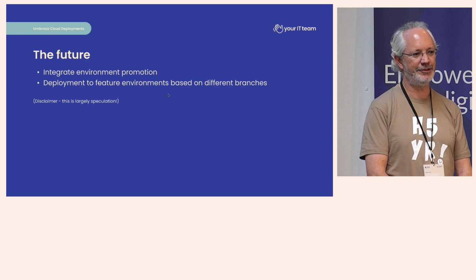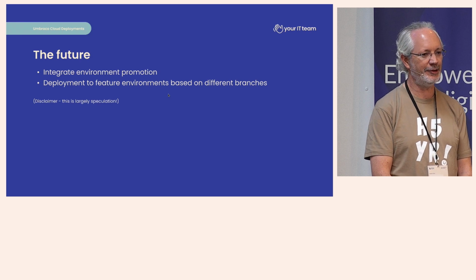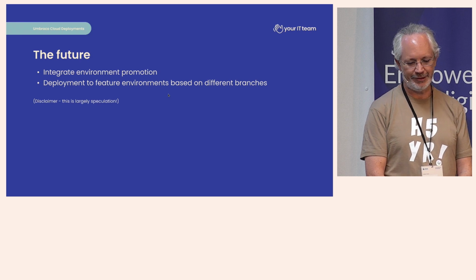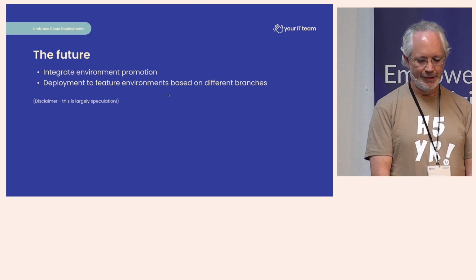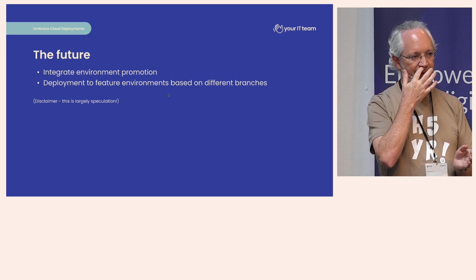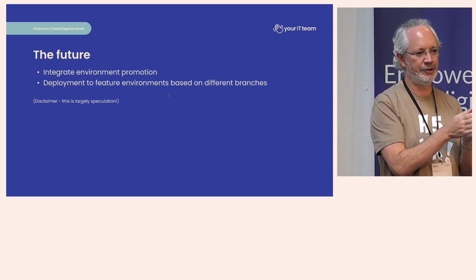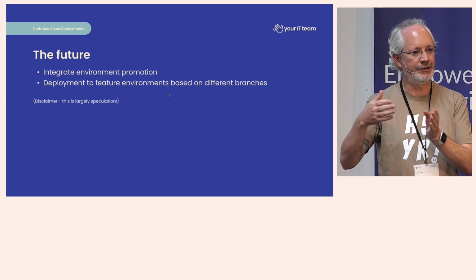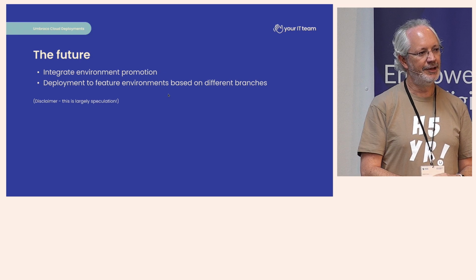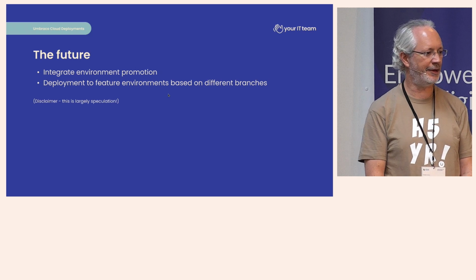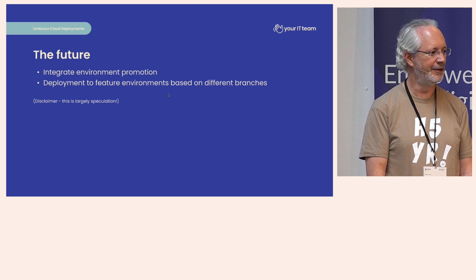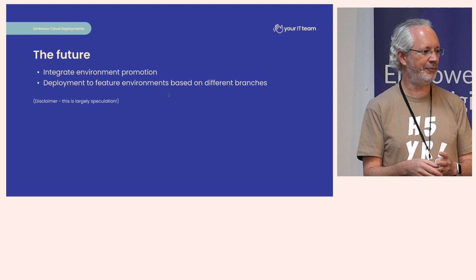So the future for CI/CD with all of this is looking pretty interesting. There's been talk recently about integrating it so that you can actually use CI/CD to promote from dev to staging to live as well, which theoretically you possibly can. I don't know what's under the hood with that, whether they've cut that off, but I haven't tried.